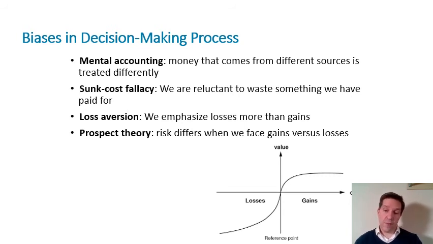So if you are talking to somebody about, for example, taking a bet, what you're going to find is that if you highlight what they're going to gain versus how much they're going to lose, the decisions that people make are very different, even if all the information is conveyed equally. So framing the problem in terms of gains or losses is going to have very different effects.